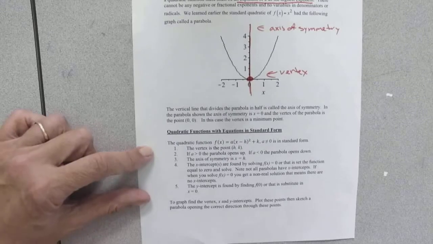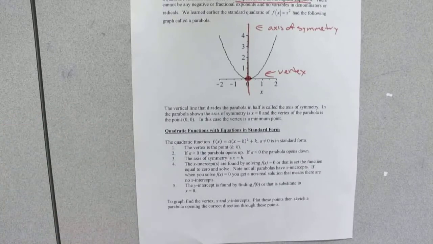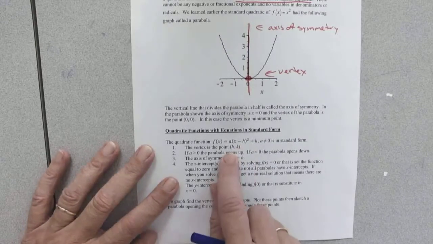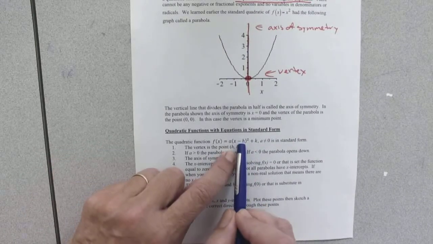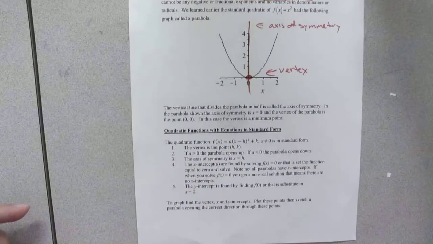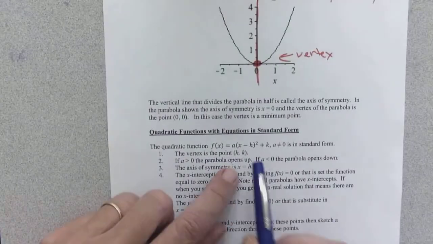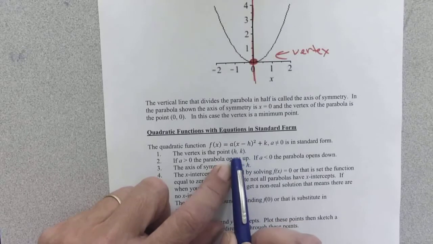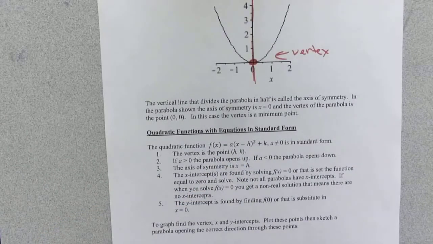Then we have these facts right here. The vertex is the point (h, k). Notice, the opposite of whatever's inside the parentheses. So this says minus h. I'm going to zoom in just a little bit. This says minus h, so my vertex is h. And the opposite thing comes from when we learned about horizontal translations.